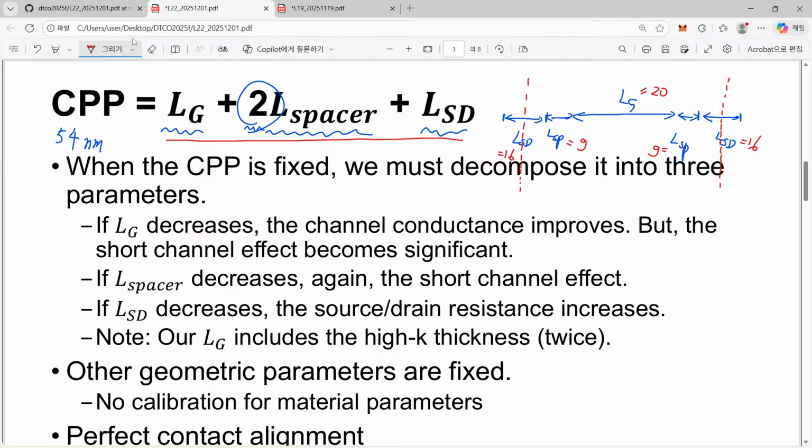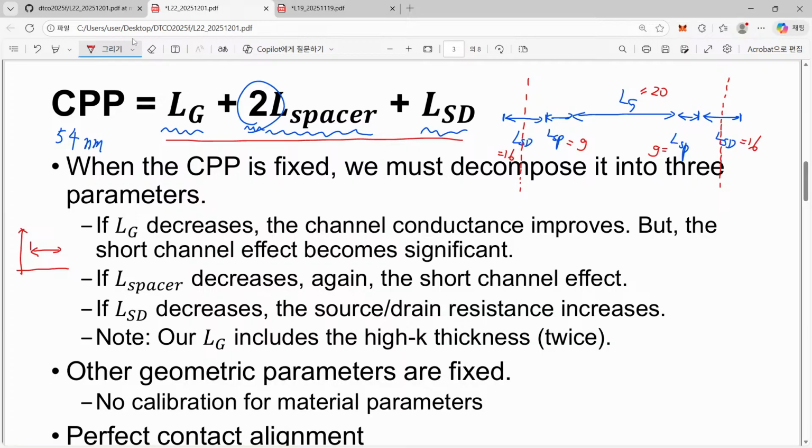So let me just read this one. When the CPP is fixed, so usually we fix the CPP because who decides the CPP? In order to reduce the chip area or cell area, we need to reduce CPP, because in this layout plane, CPP is regarded as the horizontal unit of length scale.